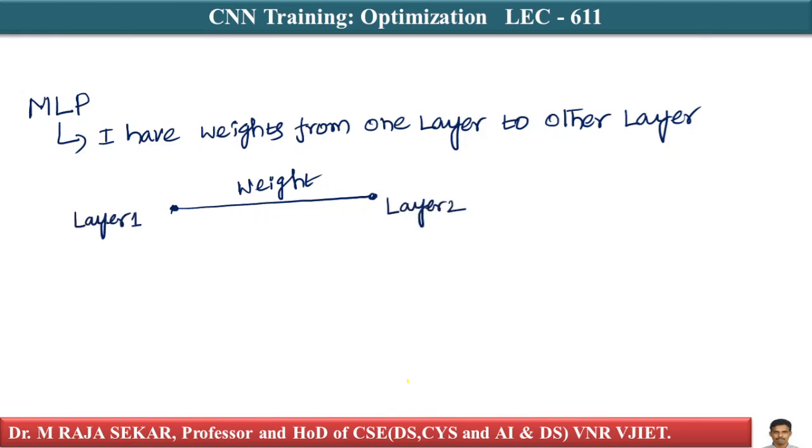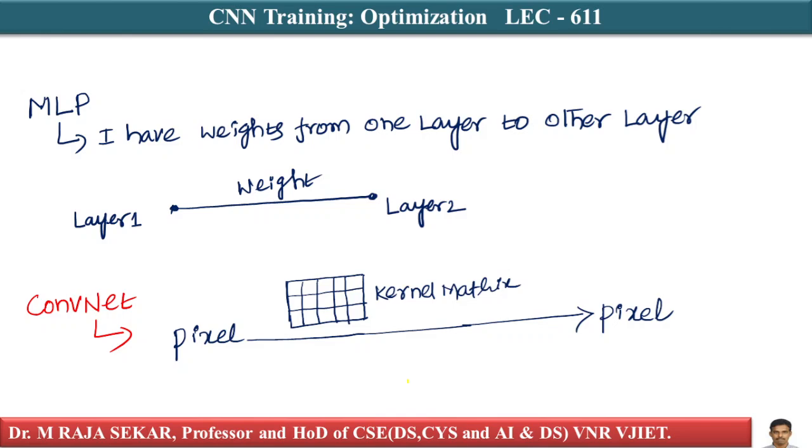I have layer 1 here and layer 2, and these two layers are connected by an edge. That edge has some weights, isn't it? What about these coordinates? What happens in the case of coordinates? In convolutional neural networks, the relationship from one pixel to other pixels is dictated by the kernel matrix, isn't it?